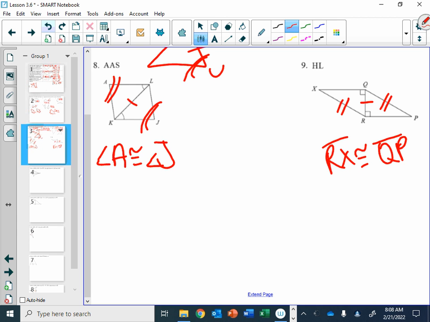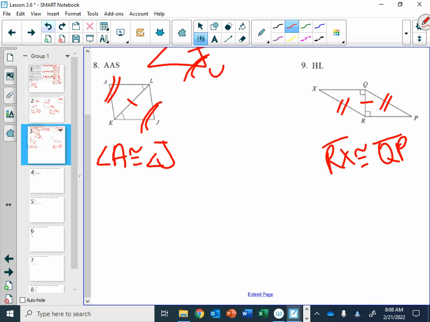Stay on the front for just a second. Yes, Milo. What made you say RX and QP? Because that is my hypotenuse.